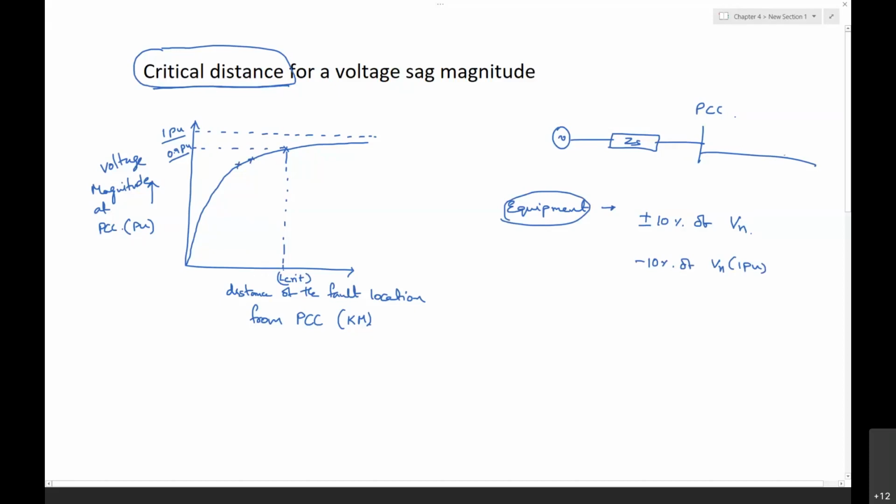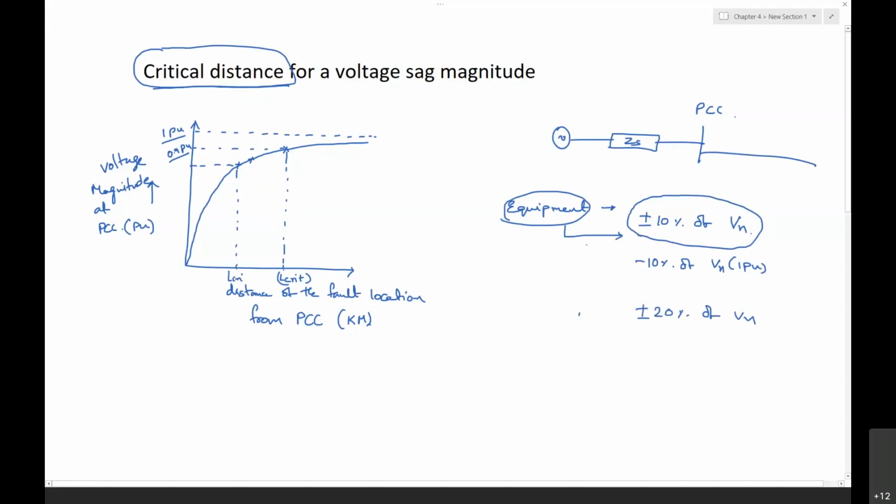So for each individual equipment, based upon the threshold values of its performance, they have certain values. Suppose an equipment can withstand plus or minus 20% of En. In that case, it goes to the 0.8 over here, and the critical distance is going to come. This is the critical distance for an equipment B also.